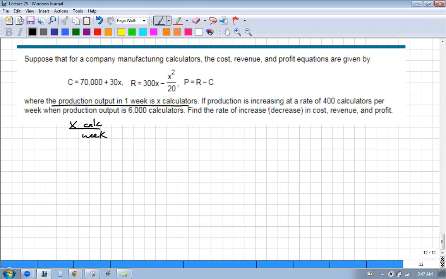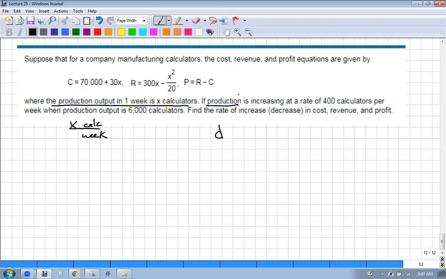The production is increasing. The production in 1 week is X calculators. The production is increasing at a rate of 400 calculators per week. What is production here? This is change in production. We need a letter for production. I see cost, revenue, profit.